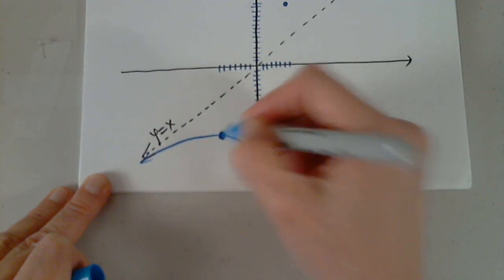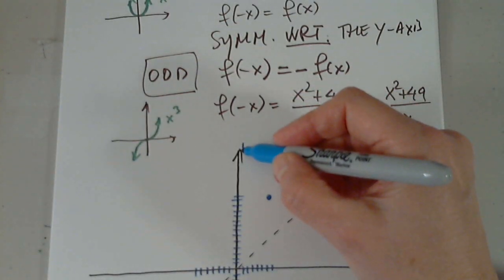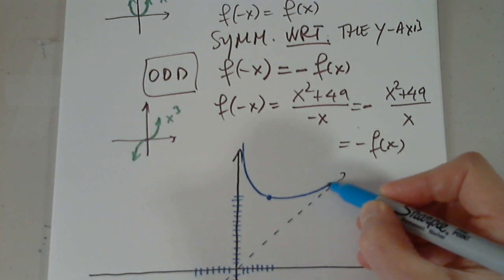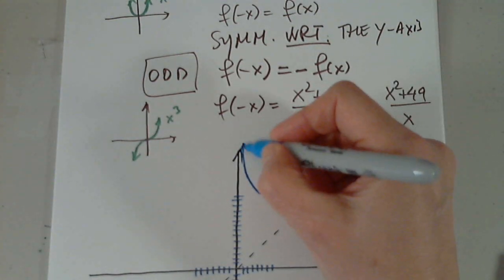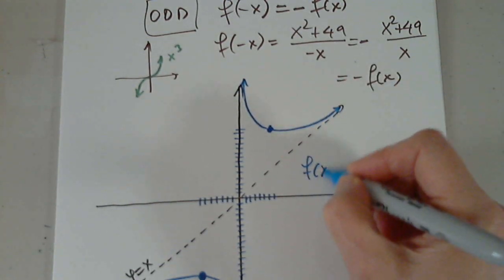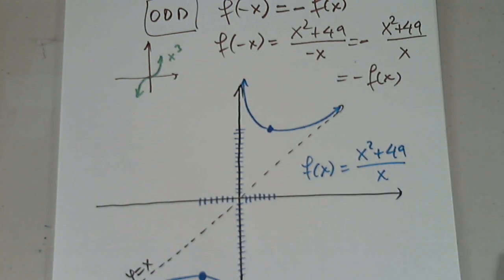And we know this point. Same thing on the other side. Approaching the asymptotes. That's why they're there. That's their meaning. And this is our function x squared plus 49 divided by x.